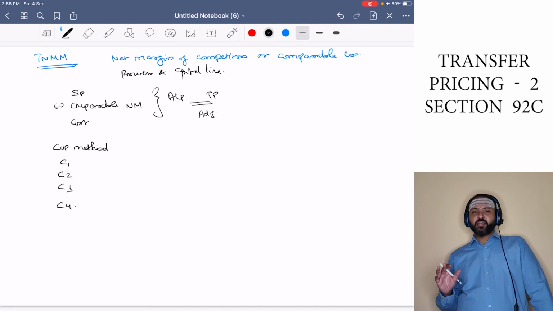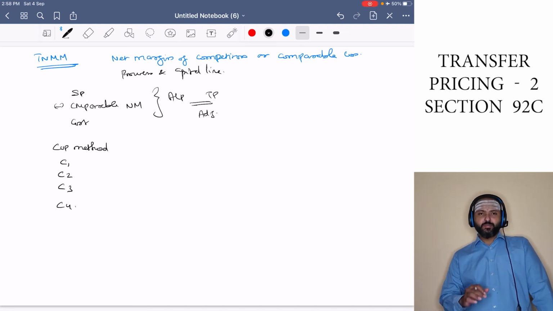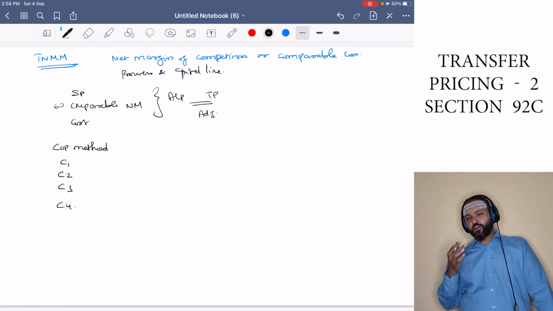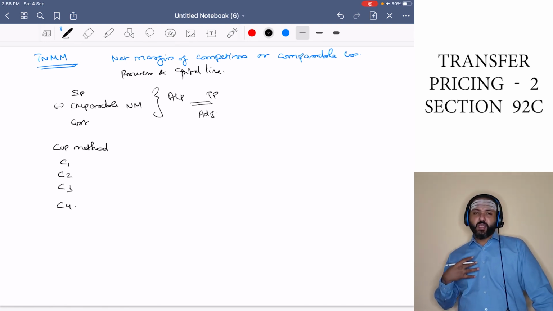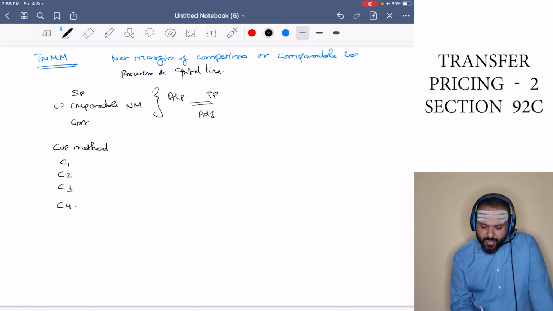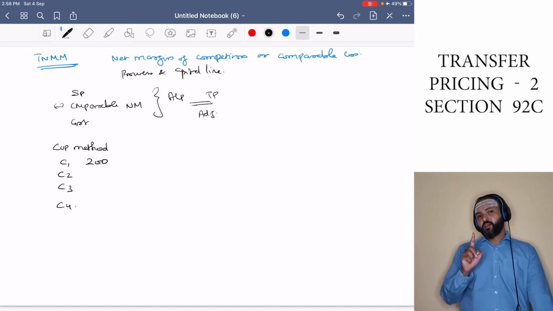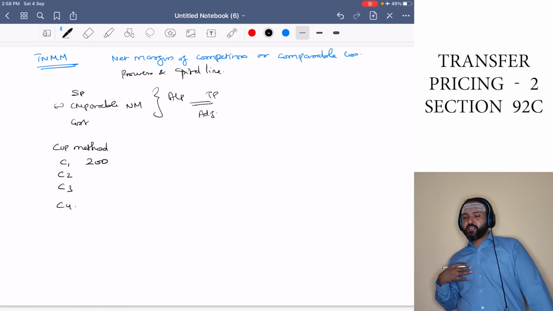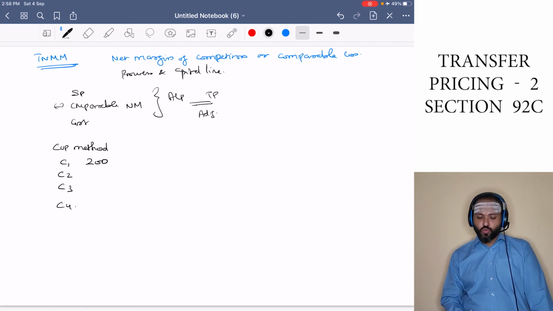After getting the data of these four companies, because my company is similar to them, I am able to get the external CUPs from these four companies, and I arrive at the transactional arm's length price at 200 rupees for company 1. Based on company 1's data, the arm's length price is 200 rupees.